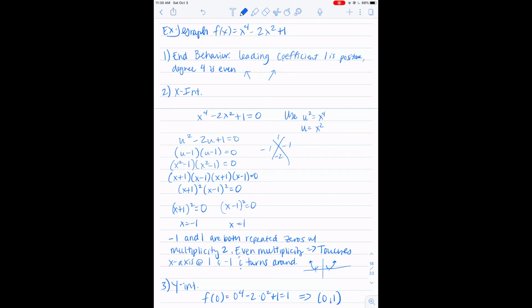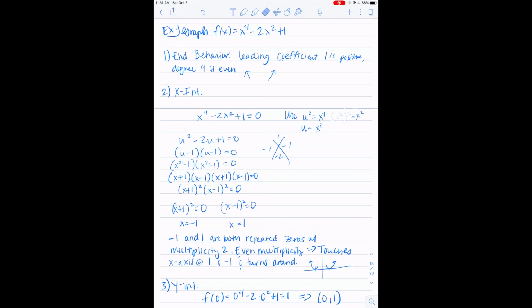So if I have u squared equals x to the 4th, that means that in my x squared quadratic, our u squared is like our x. So then when I square that, that's going to be x squared in this case.